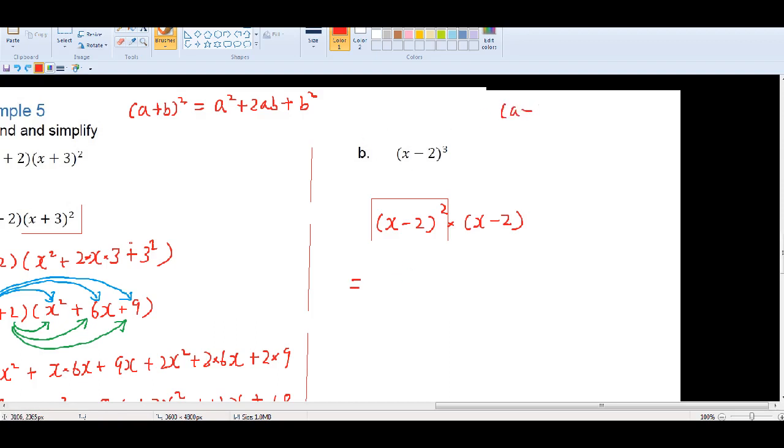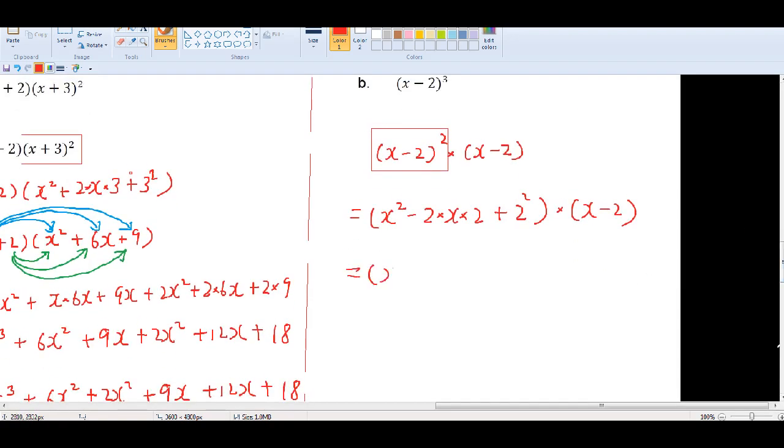Okay, if we have a minus b squared, what do we get? We get a squared minus 2ab, if you still remember, plus b squared, right? So for the first part, we would just get x squared minus 2 times x times 2 plus 2 squared, times x minus 2, right? So that will give x squared minus 4x plus 4 times x minus 2.